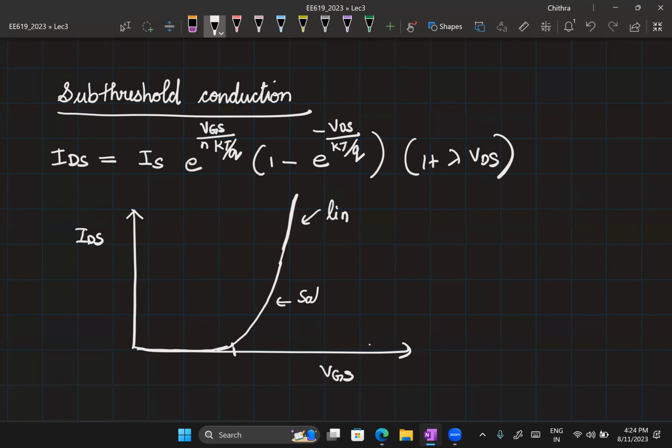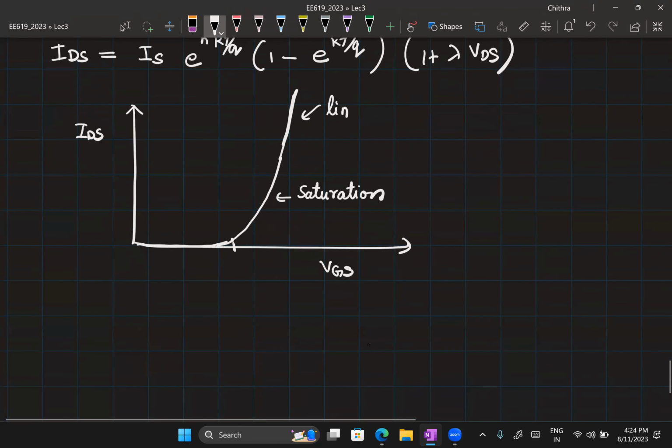This is saturation. So clearly, we can see the behavior of the current very clearly in the subthreshold region, correct? No, right? You can clearly see it because we have drawn IDS on a linear scale and the current values are much, much smaller compared to the current values present in the saturation and linear region.